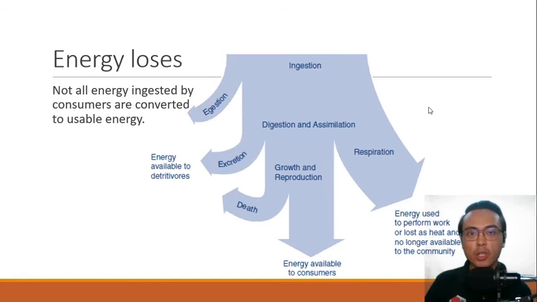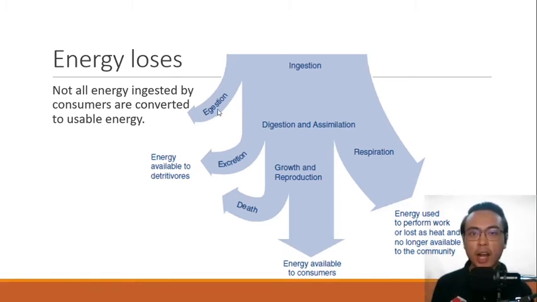The energy losses through the ecosystem are represented by a lot of factors, and if you subtract all of the energy losses from the energy intake, that would give you the net energy available to the consumer. Okay? So not all energy ingested by consumers is converted to usable energy because of energy losses. So here are some phenomena that factor into energy losses. You have egestion.